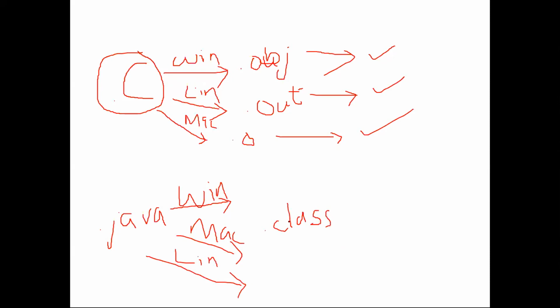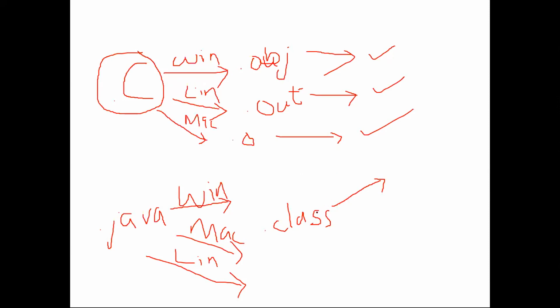After that, there is another step: something called JVM. JVM is platform dependent. JVM is Java Virtual Machine. Windows JVM is different, Mac JVM is different, Linux JVM is different.